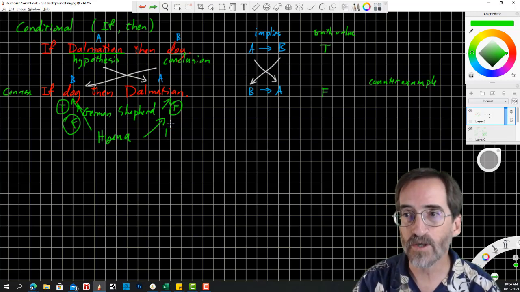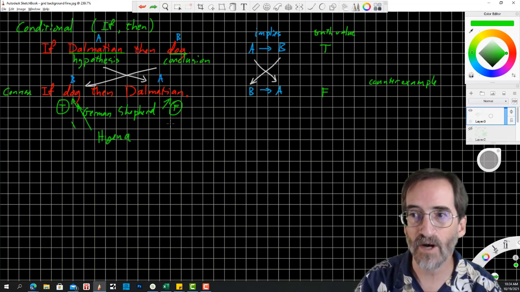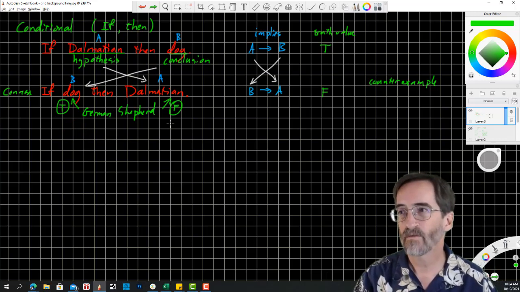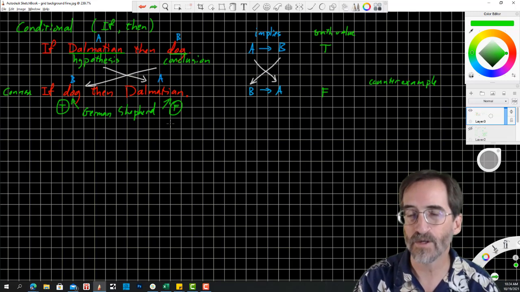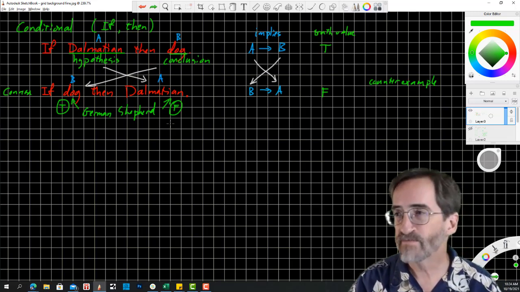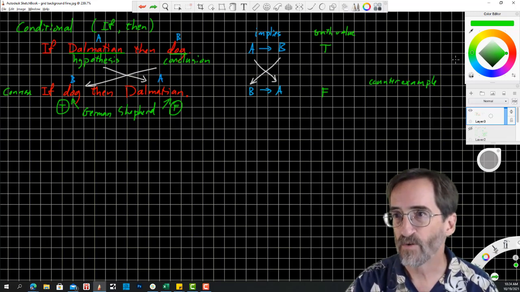A good counterexample must make the hypothesis true and the conclusion false. That leads me to another vocabulary word, and that is the word negation.